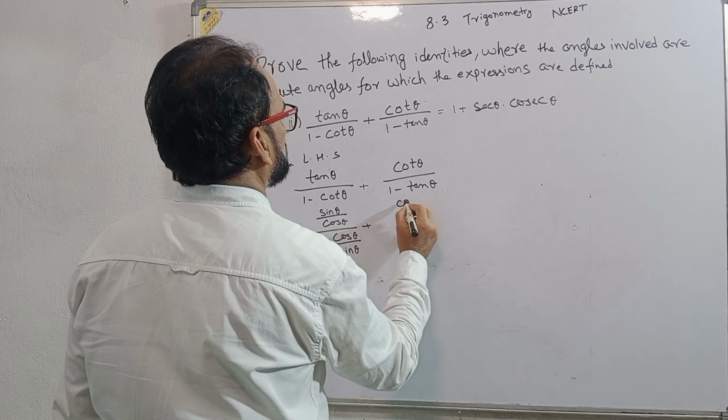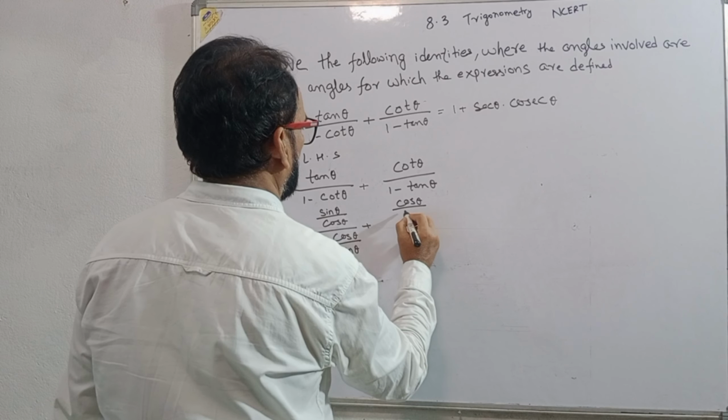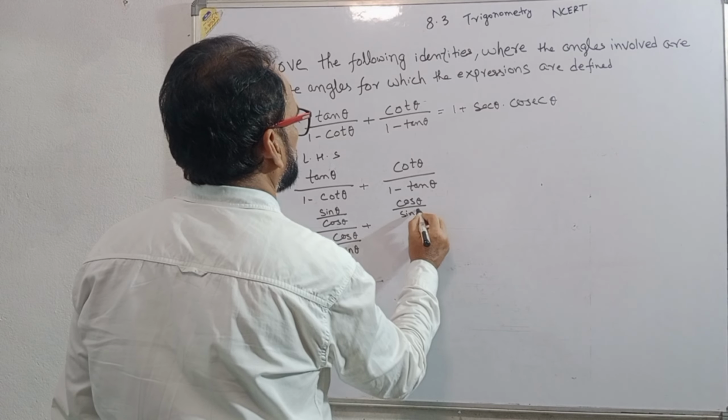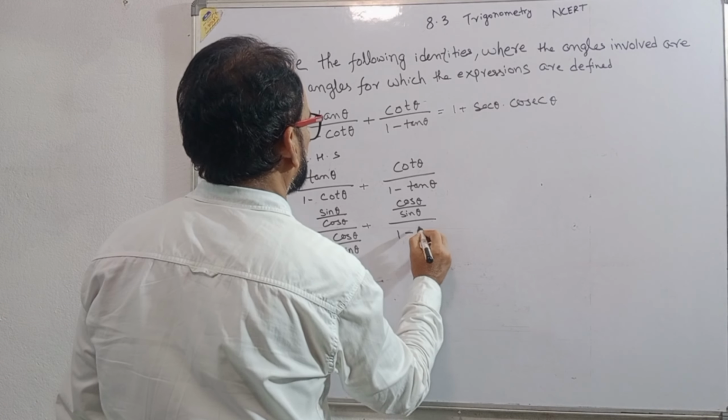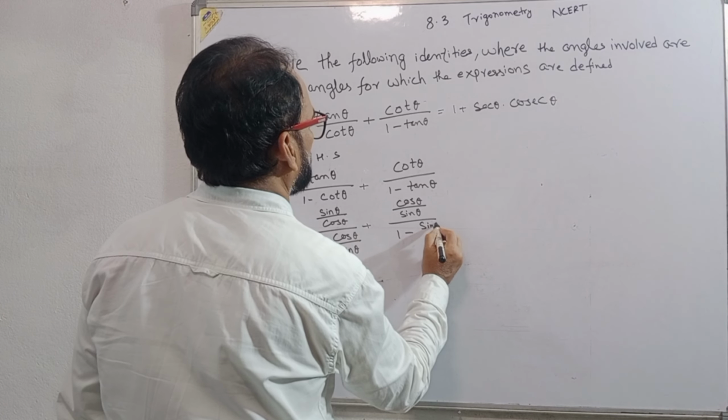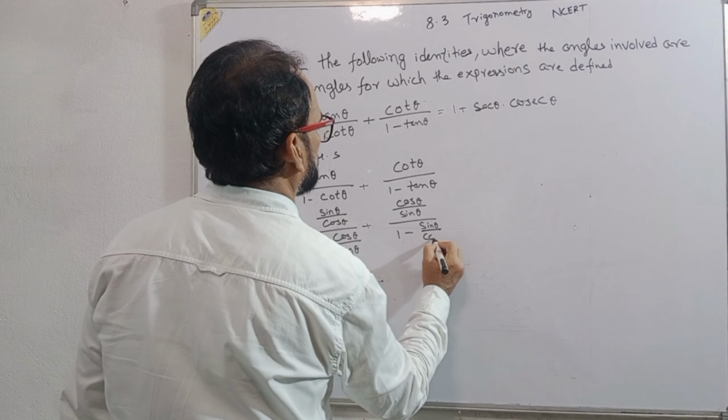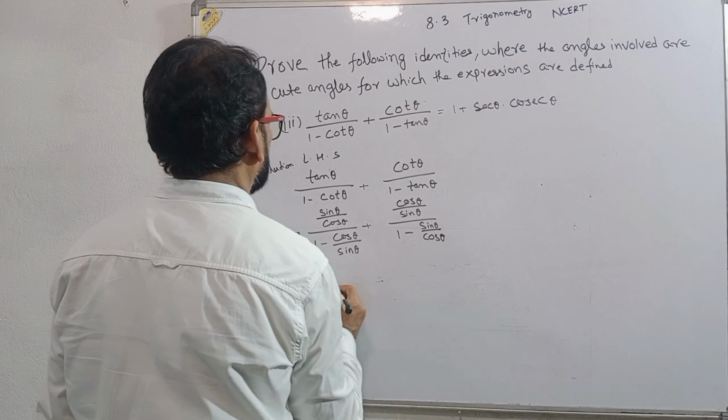Here cos theta divided by sin theta, 1 minus sin theta divided by cos theta.